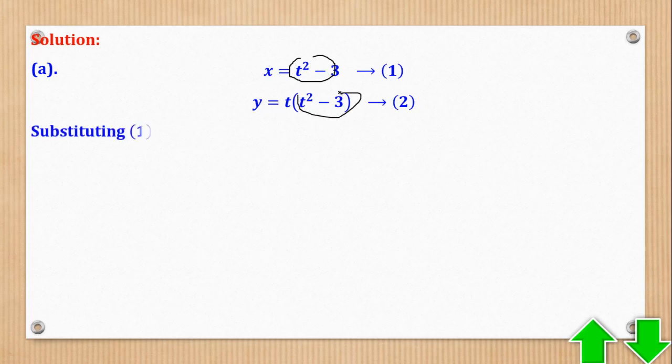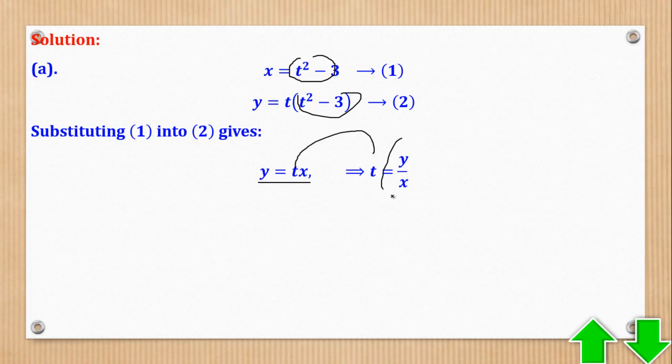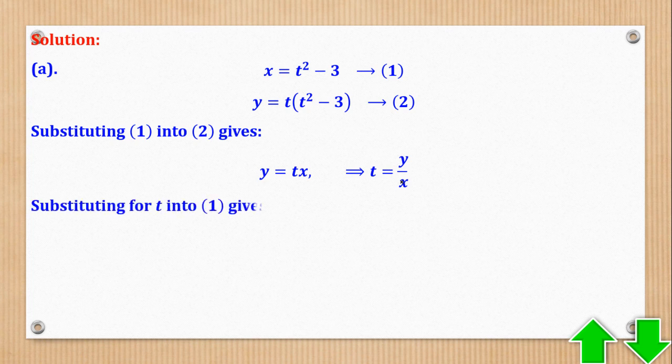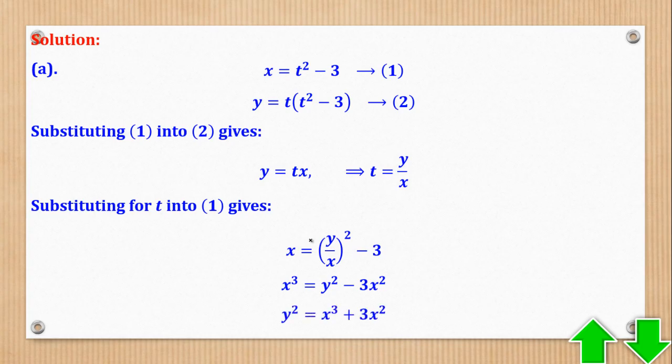So I'm going to substitute equation 1 into equation 2 to come up with y is equal to tx. Make t the subject to come up with that. Now substituting for t into equation 1, I'll come up with that. Cross multiply and rearrange. And that is it. So that's what they wanted.